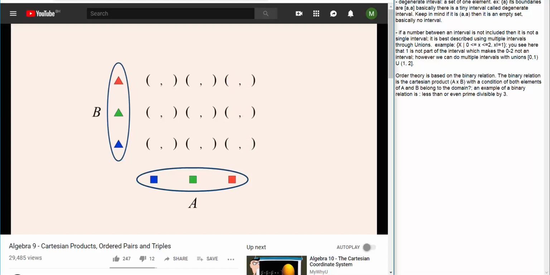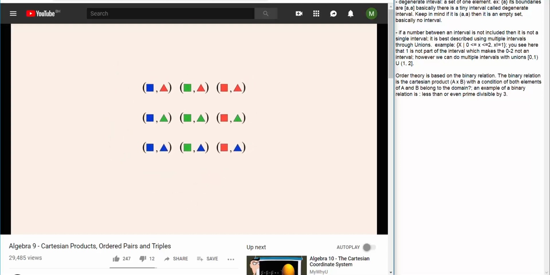Likewise, each element of B is paired with every possible element of A. The blue triangle from B forms ordered pairs with each of the squares from A. The same is true for the green triangle and red triangle.